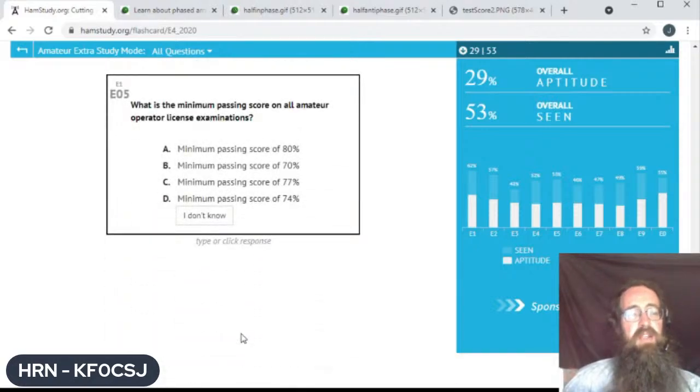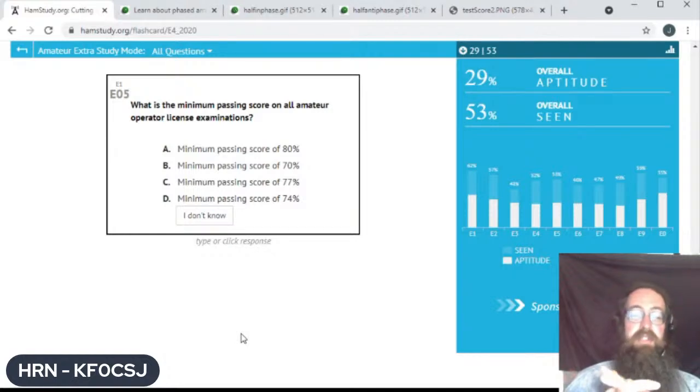What is the minimum passing score of all amateur operator examinations? Well, good thing we had this discussion in the Toads Discord, which if someone wants to put that in the chat, that would be great timing. If you watch my previous videos, I very publicly said, "Oh, I'm 3, 2, and 1 point away from passing."